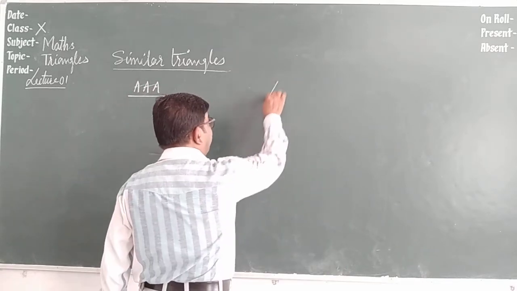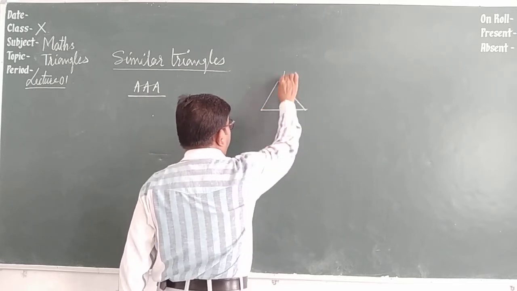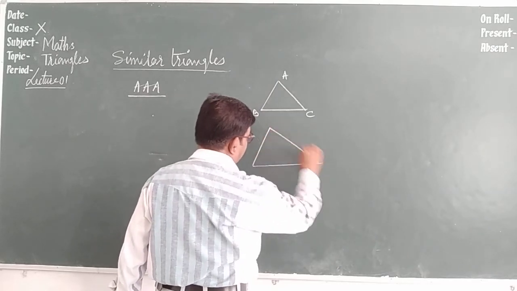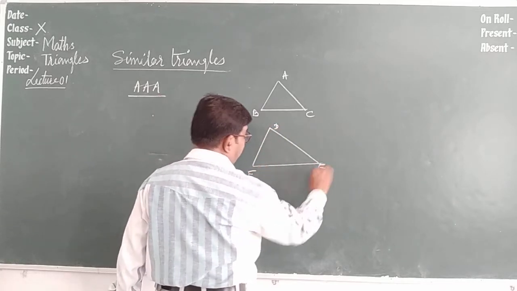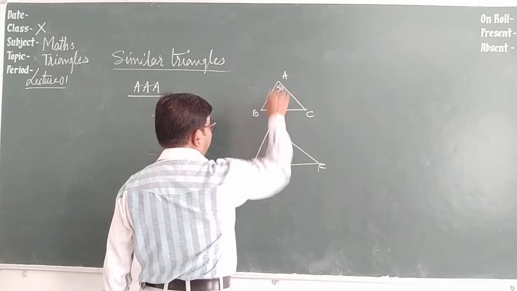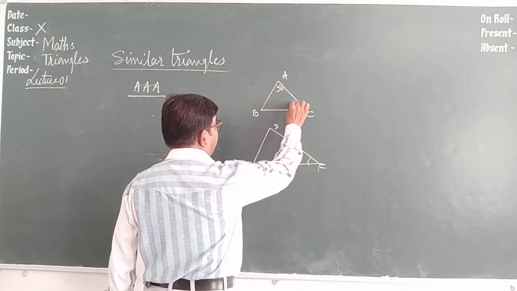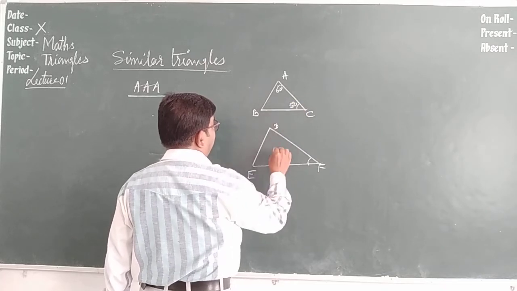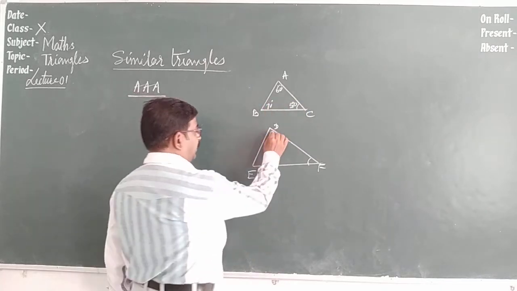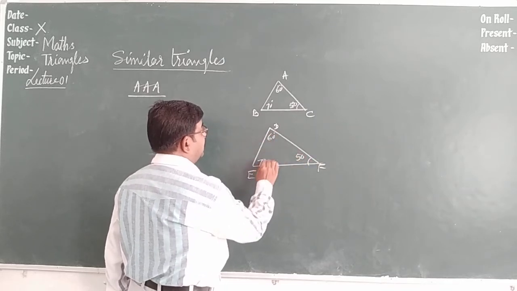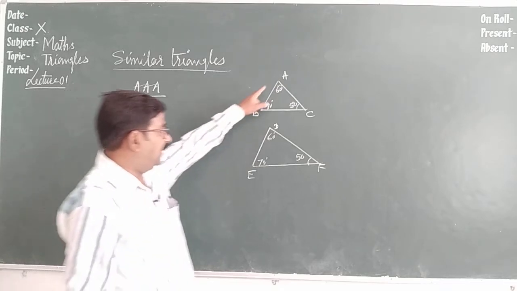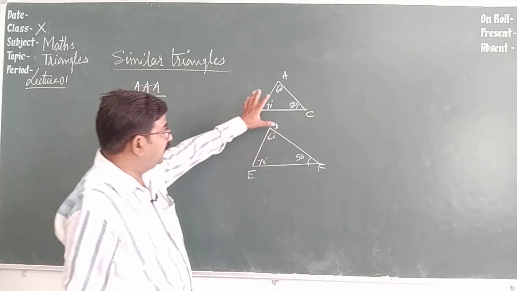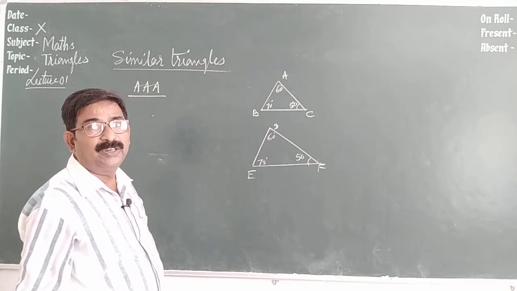Suppose we have triangle ABC and another triangle DEF. In ABC, this angle is 60 degrees, this angle is 50 degrees, this angle is 70 degrees. In DEF, this angle is 60 degrees, this angle is 50 degrees, this angle is 70 degrees. So angle A is equal to angle D, angle B is equal to angle E, angle C is equal to angle F. All three angles of one triangle are respectively equal to the three angles of another triangle.